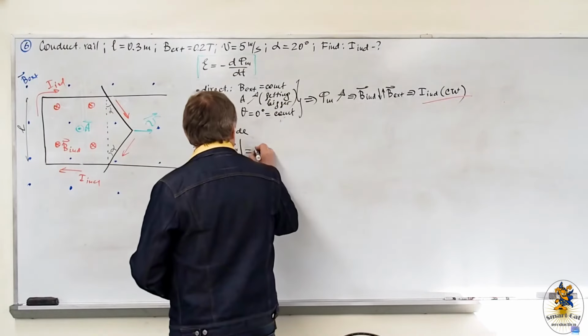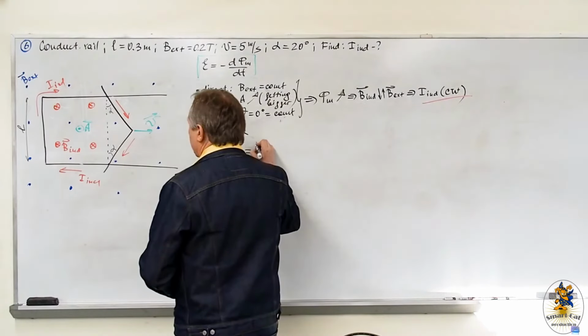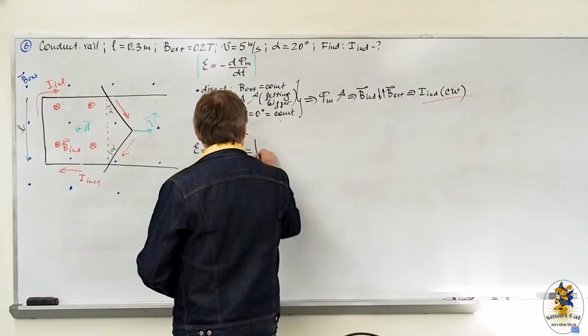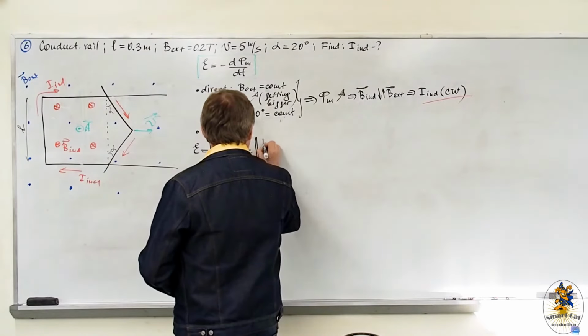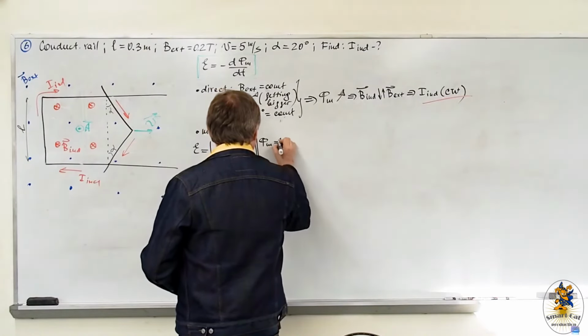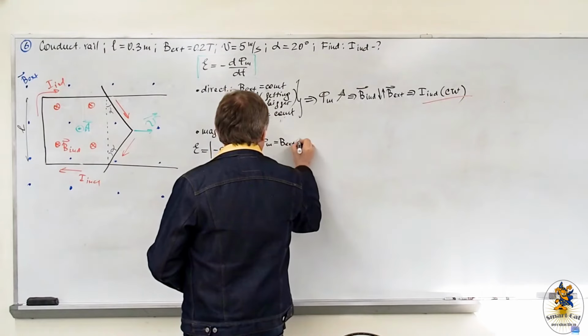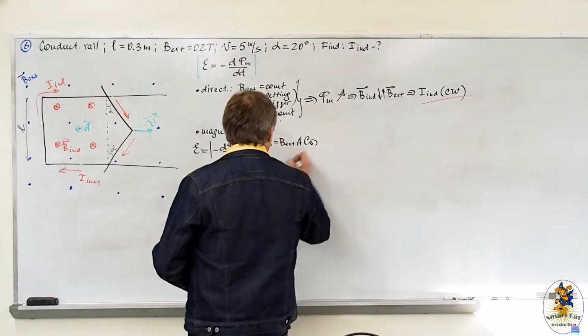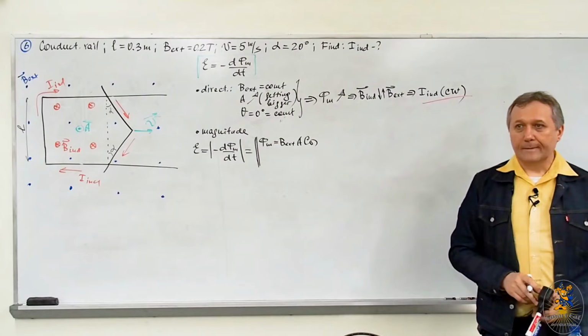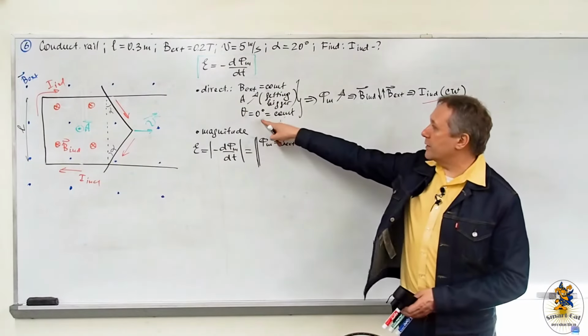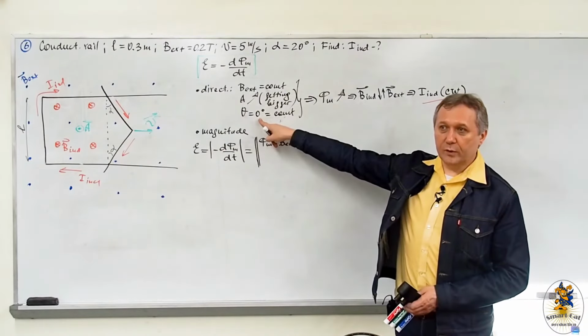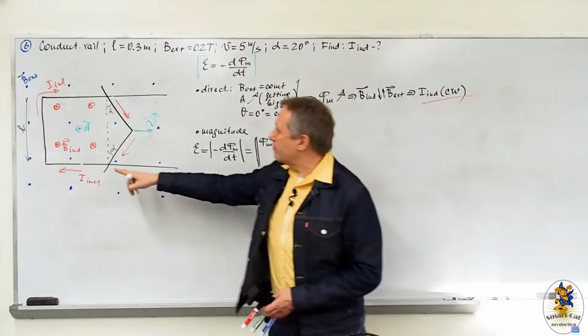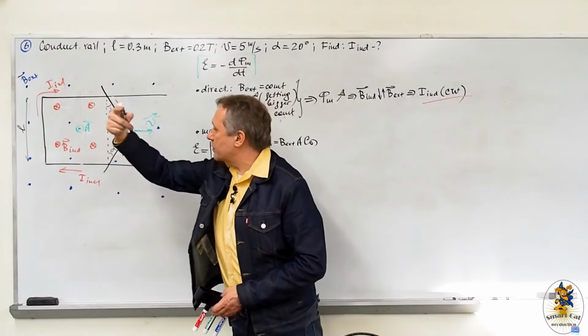Magnetic flux equals B external times A times cosine of the angle, which we already decided will be 0 because we pointed the area vector towards us.